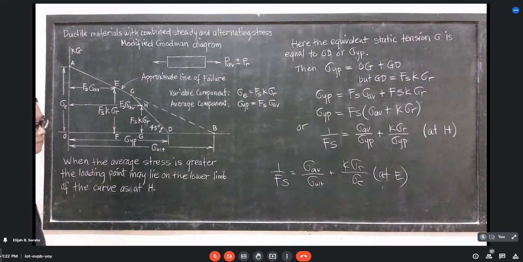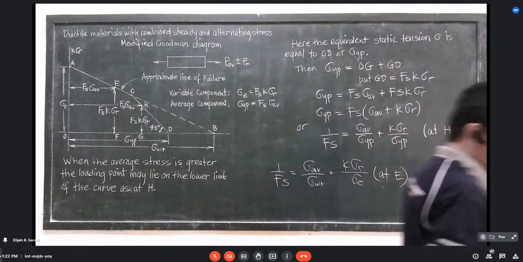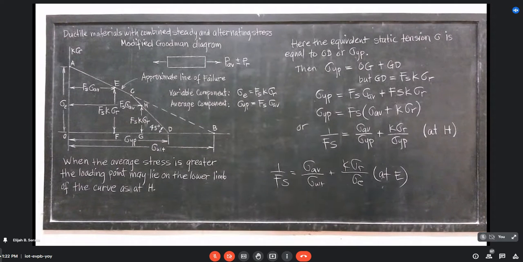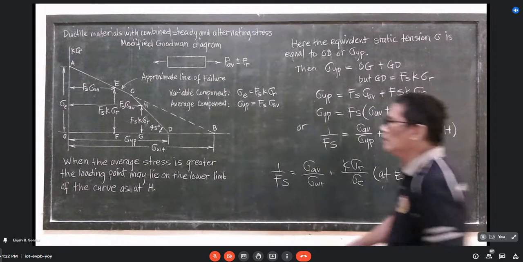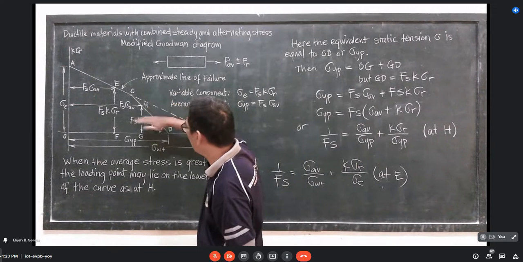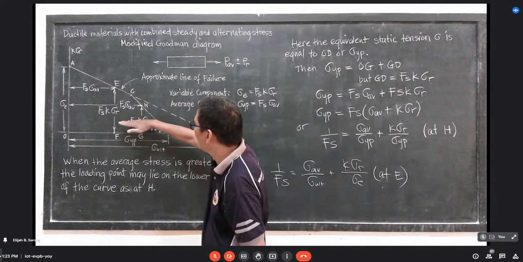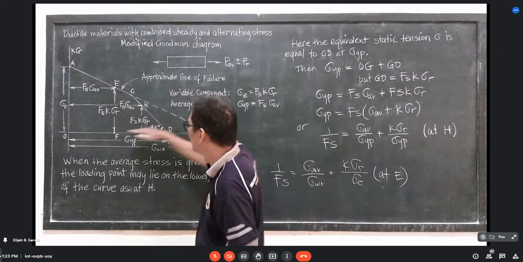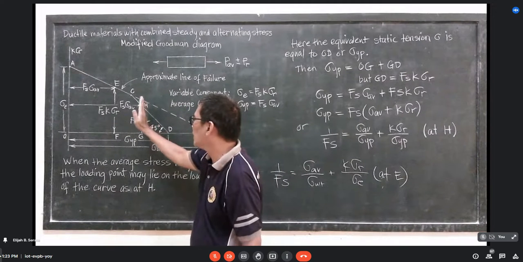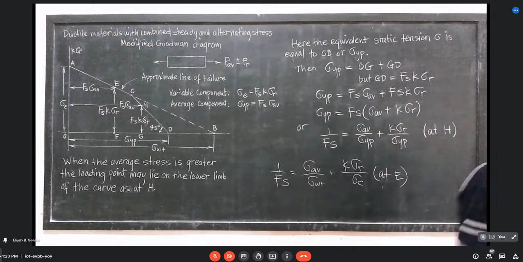Direct, no? Do you follow? So meaning, what if we are now from here to here? Meaning more of the components of the combined stresses are steady and less is alternating. Do you follow? Class?